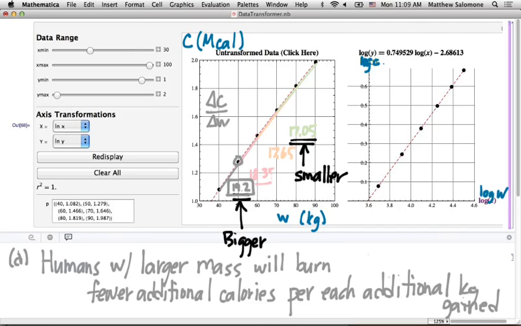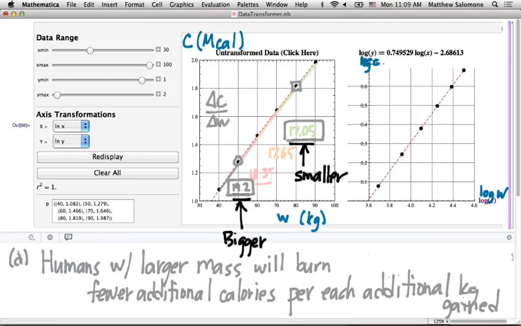Whereas if I'm me, generally a couch dweller on most days, if I have a larger mass and I gain an additional kilogram, my metabolism is also going to go up, but it's not going to go up by as much as the gymnast's went up in gaining that kilogram. So the rate at which your metabolism increases as you gain weight, that rate slows down, which is a little disappointing to think about in terms of gaining weight sometimes.